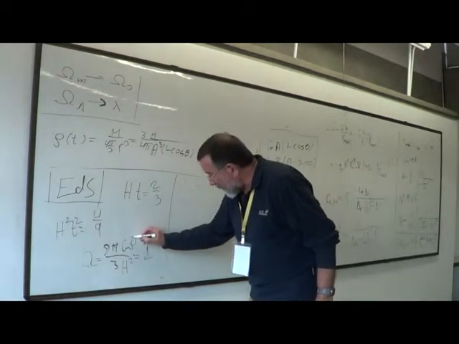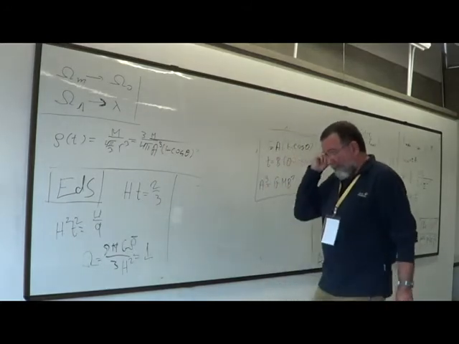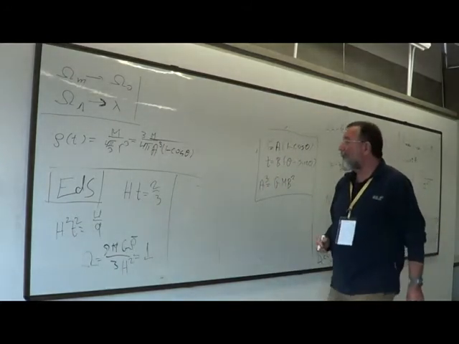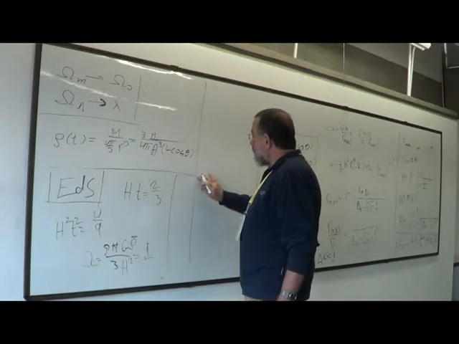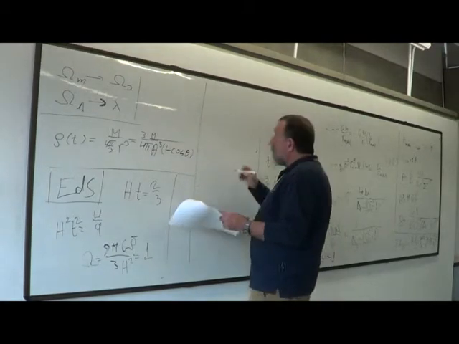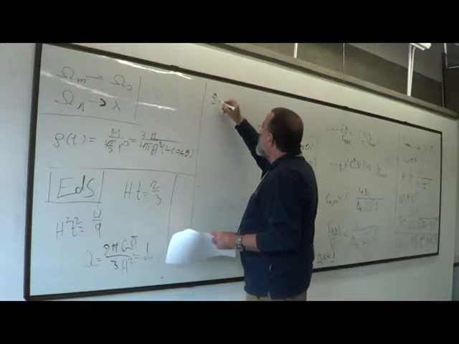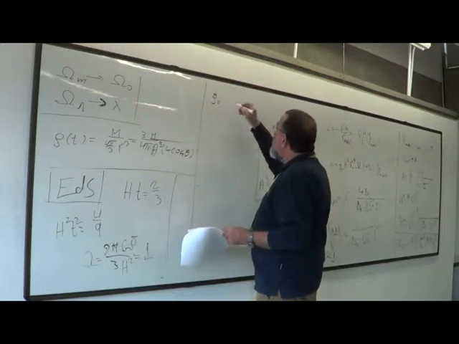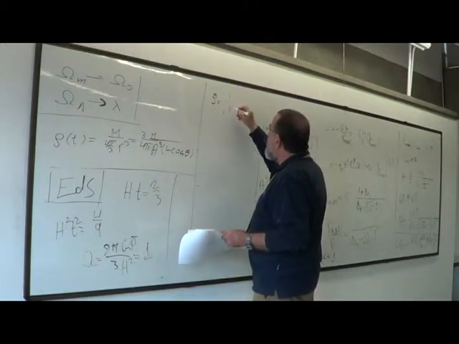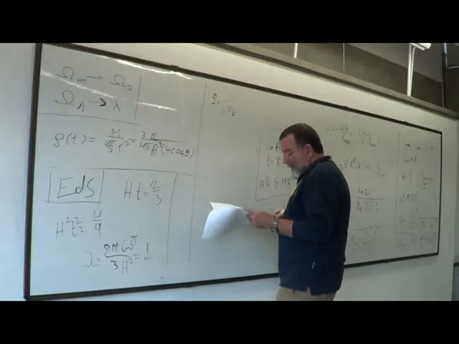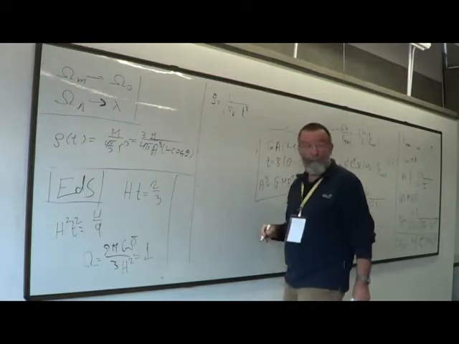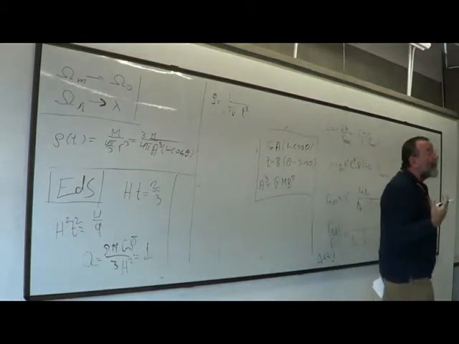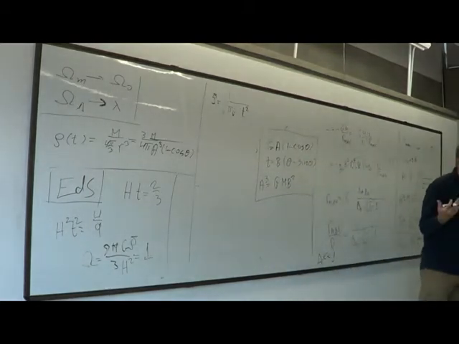Here is the rho of the unperturbed universe, and what I'm getting is that rho goes like 1 over 6 pi G divided by t squared. So that's the evolution of the Einstein-de Sitter universe.